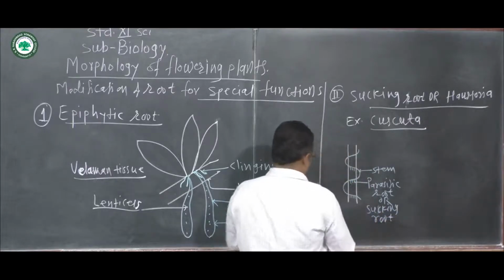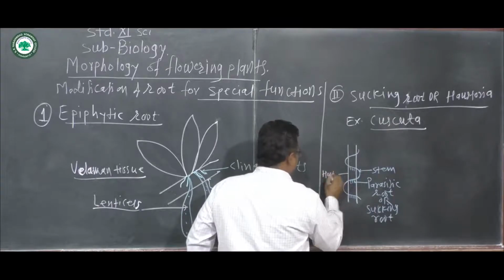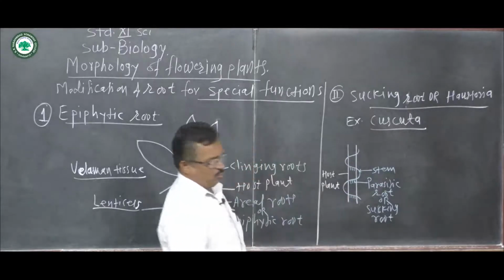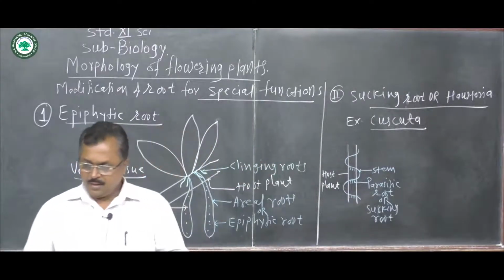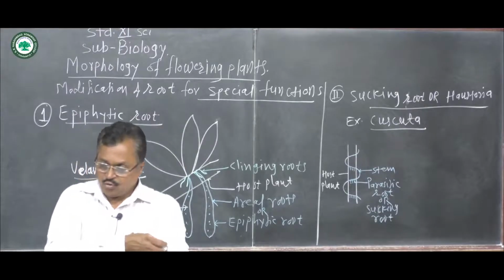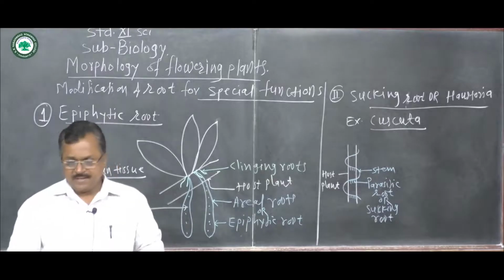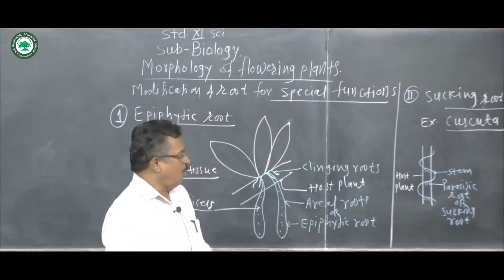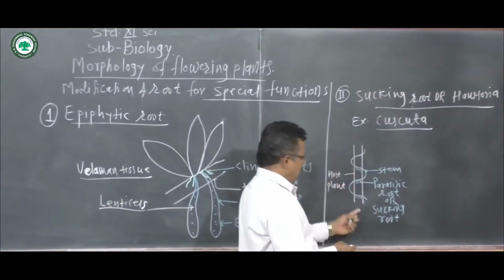Sucking root. This is the host plant on which they grow. In Cuscuta, specialized microscopic sucking roots are developed by the parasitic plant to absorb the nourishment and water from the host plant.